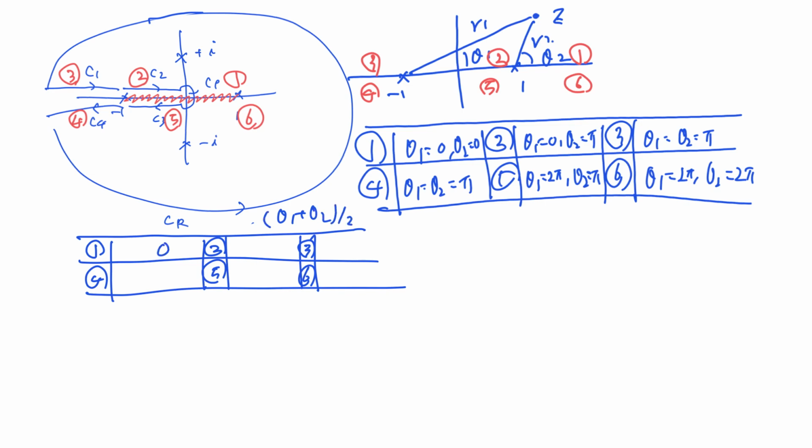This is 0, pi over 2, pi, pi, 3 pi over 2, 2 pi, right? So we are going to consider this function.